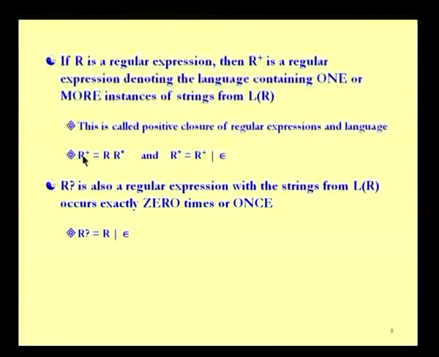Irrespective of the alphabet, we will not have the empty string as far as R plus is concerned. It is used where a pattern is expected to occur at least once in the source program. So R plus is R followed by R star, that is, at least one time.